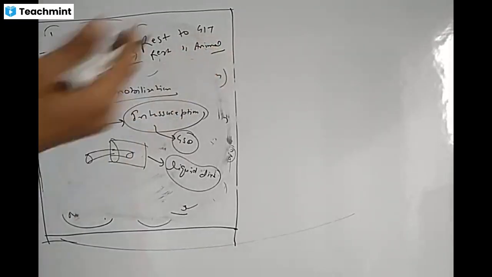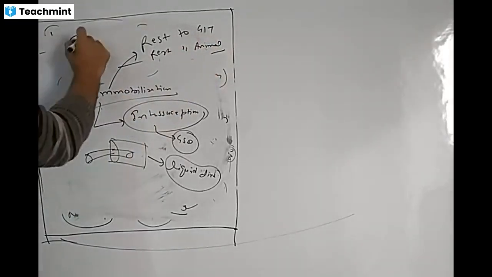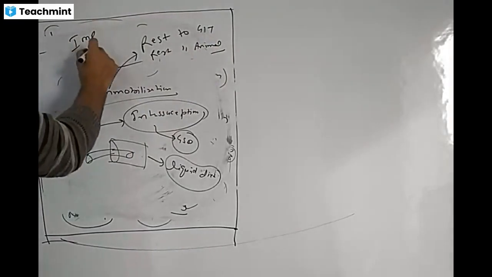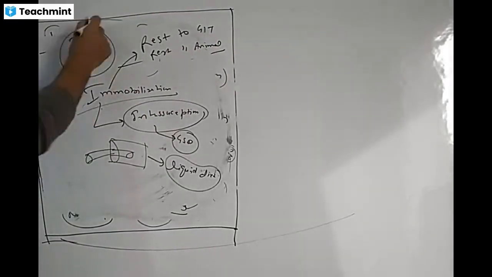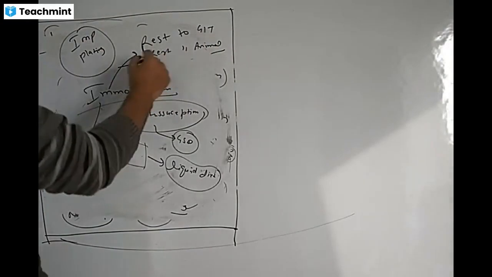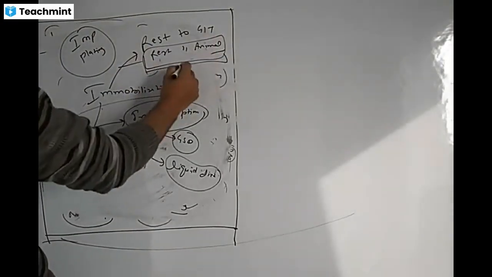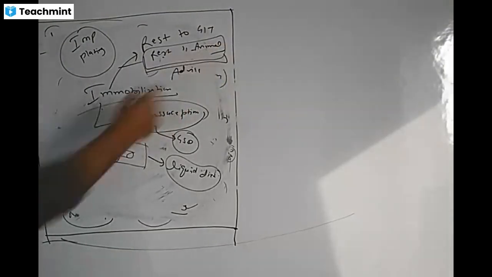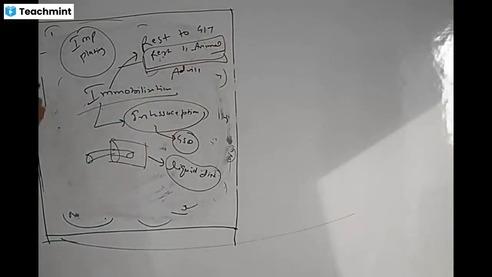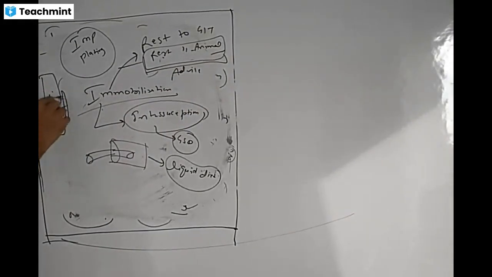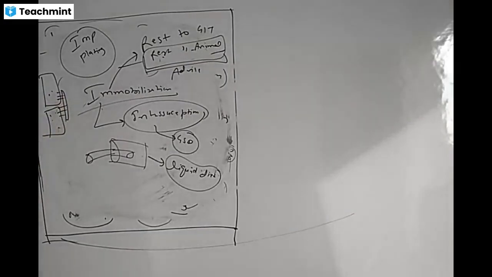Suppose there is IM pinning or plating surgery. After this orthopedic surgery, we advise rest to the animal so that the fracture fragment, which is immobilized using a plate or pin, may remain at its place and it helps in better healing.